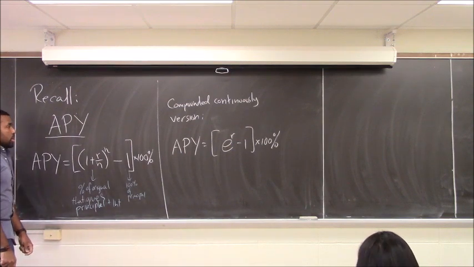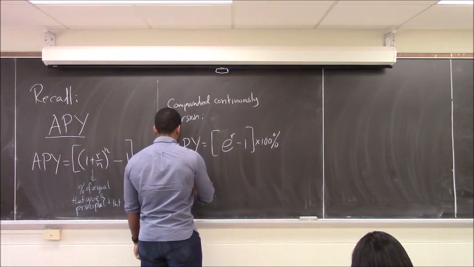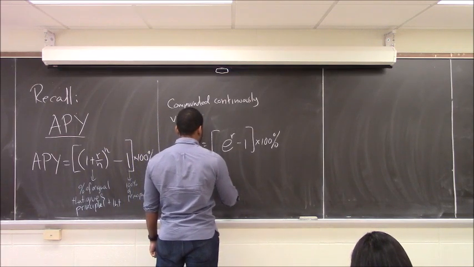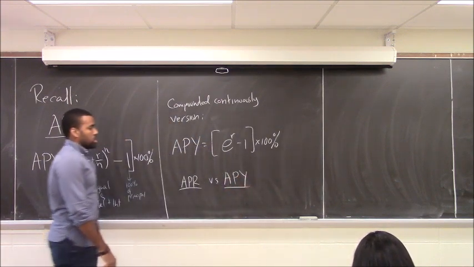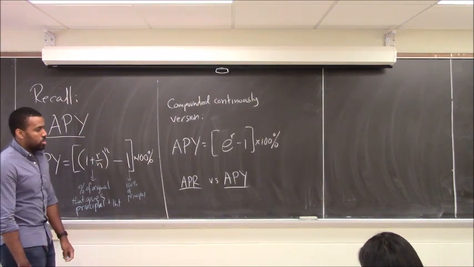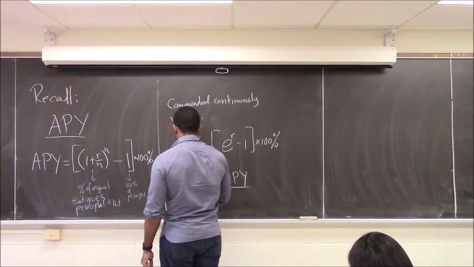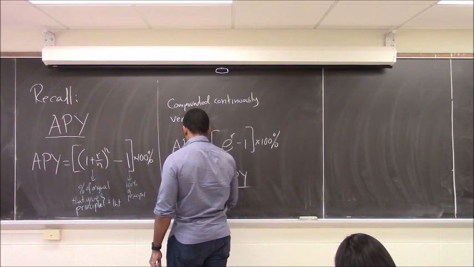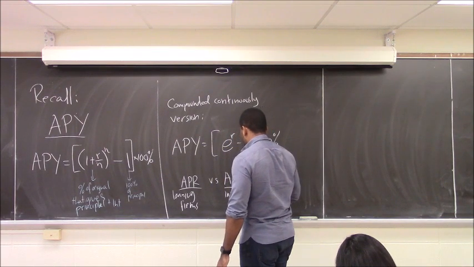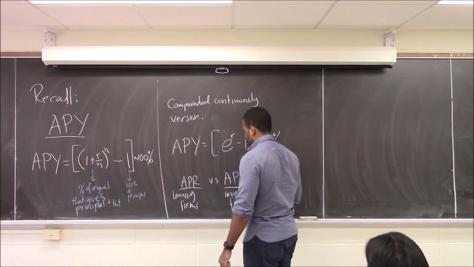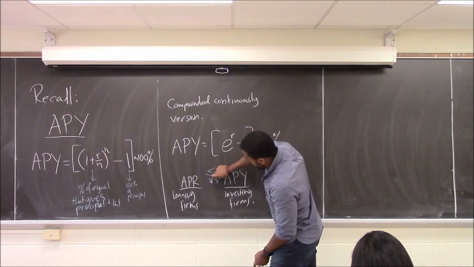And as I mentioned, I don't know if you guys started noticing, but these are used by different people who want to tell you about different things. Loaning firms tend to use this, while investing firms tend to use that, because this one is always going to be slightly bigger.